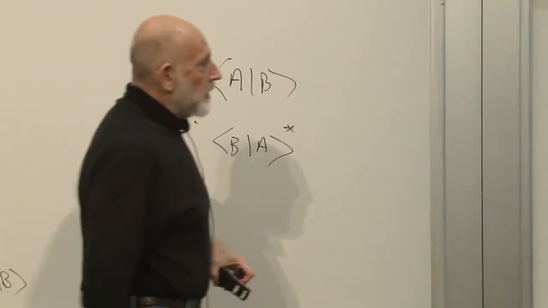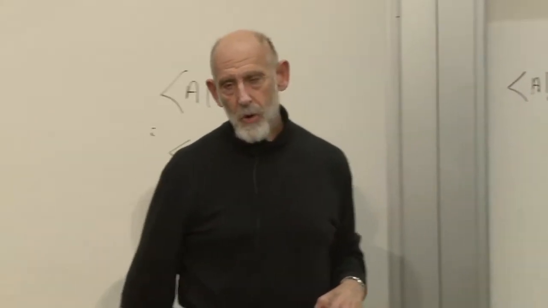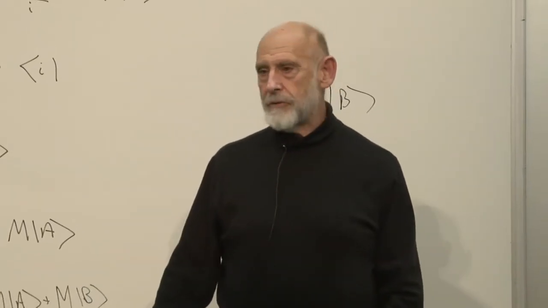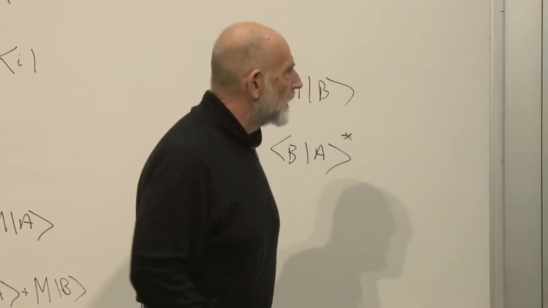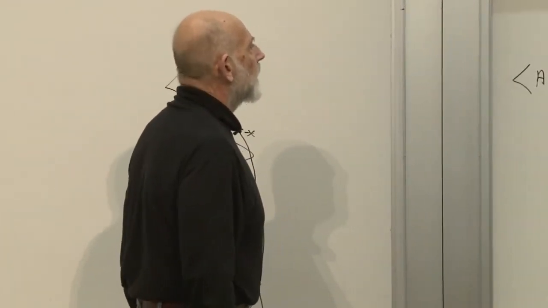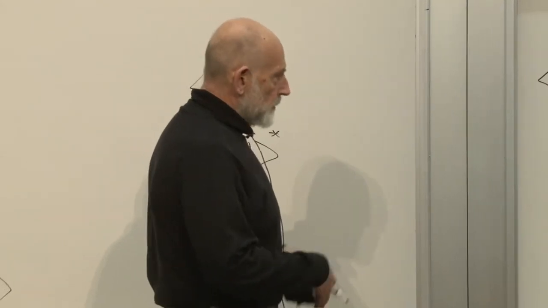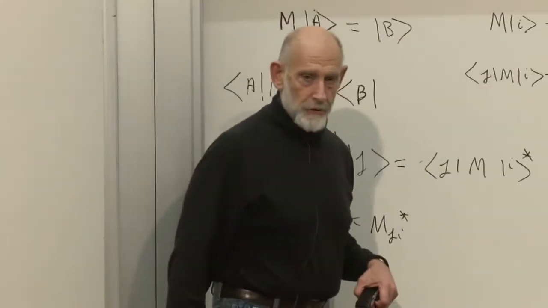All right, that's the notion of Hermitian conjugation. The word Hermitian is named after a mathematician whose name was Hermite. And Hermitian conjugation is the process of interchanging I and J and taking the complex conjugate.